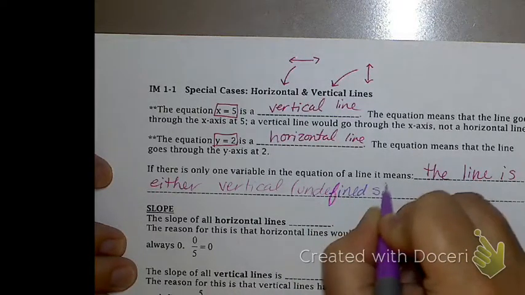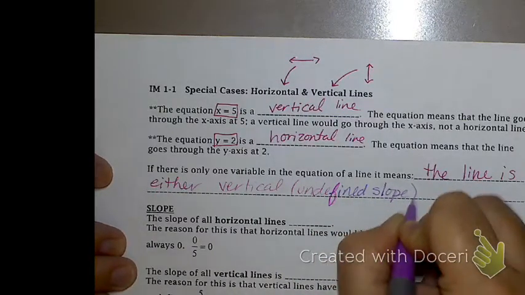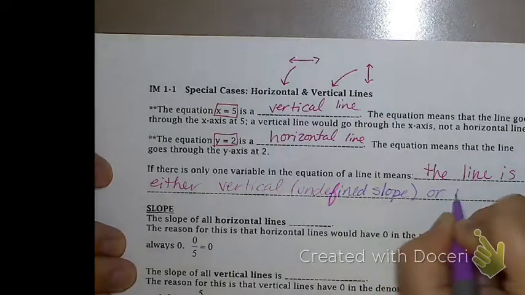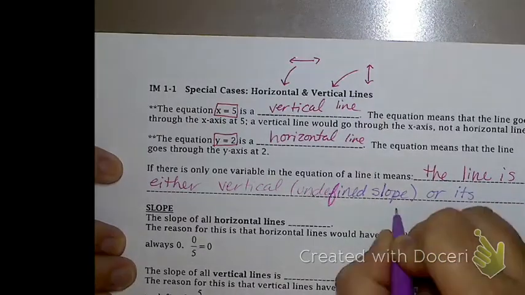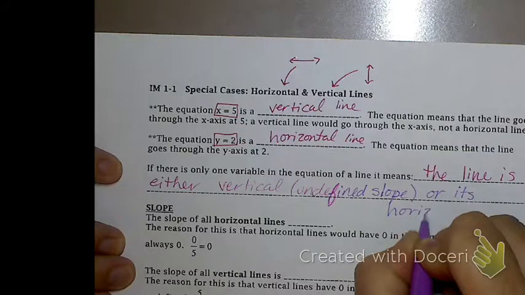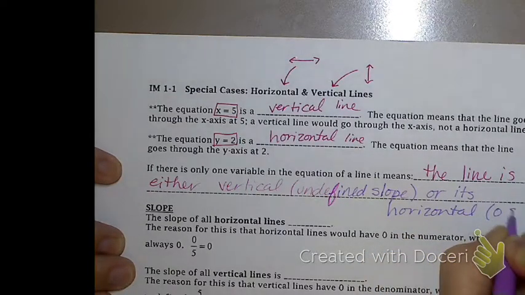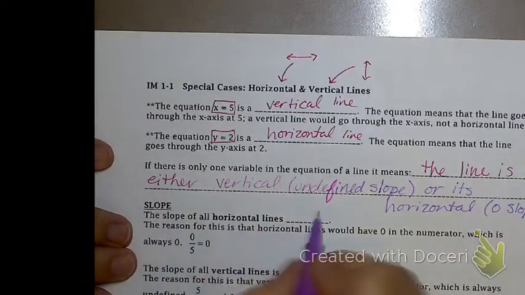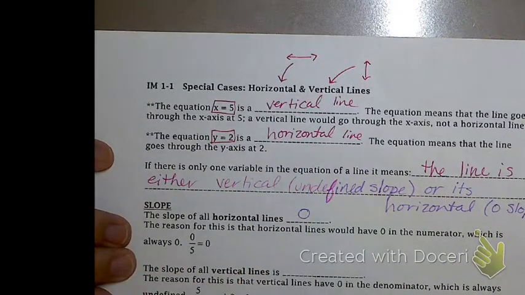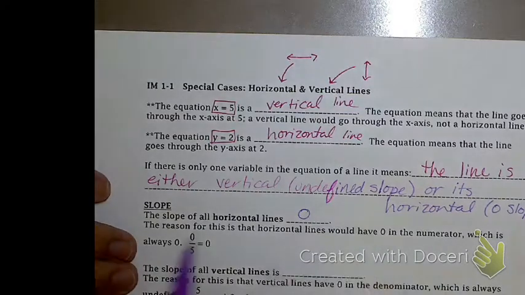Undefined slope, or it's horizontal, which means it has a 0 slope. Okay, the slope of all horizontal lines is 0. So in other words, your rise over your run is 0 over something.